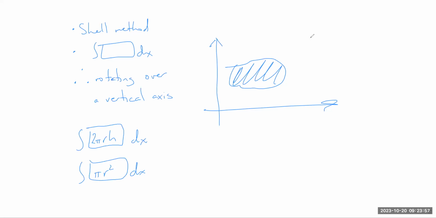Let's say it's not even the y-axis, it's going to be y equals 10. If I want to rotate this blob over that axis, then I can think about that in one of two ways. One of those ways is this. I make tall vertical slices like this. So if I rotate that around that axis, what am I making?